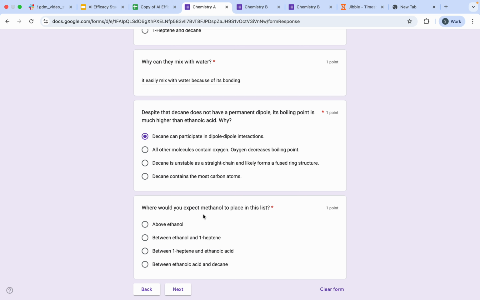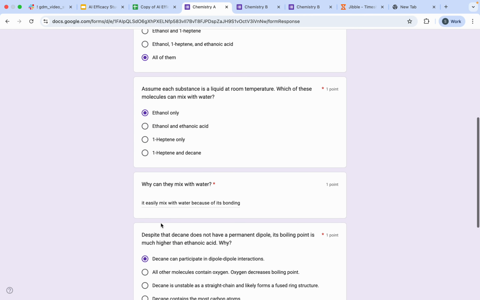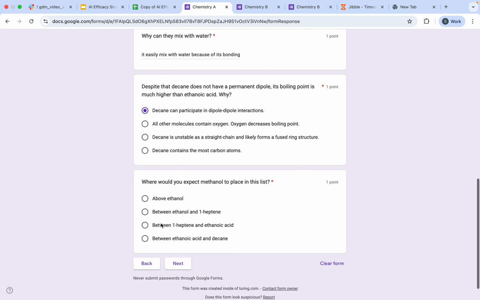Where would you expect methanol to place in this list? Okay, so between ethanoic acid and decane.